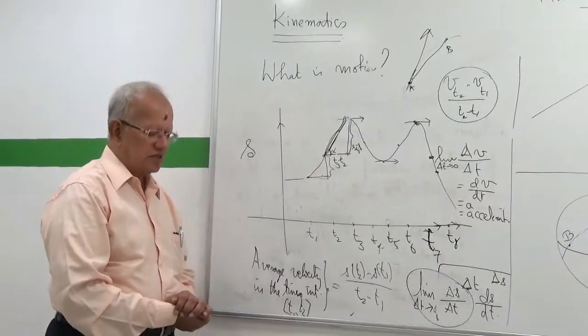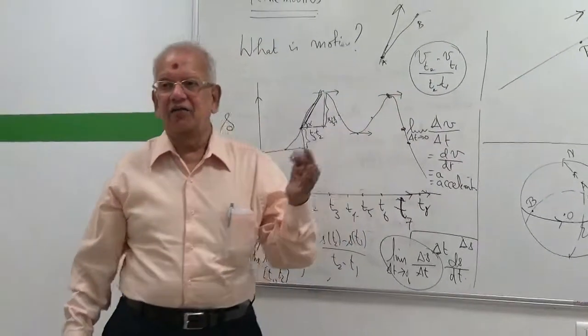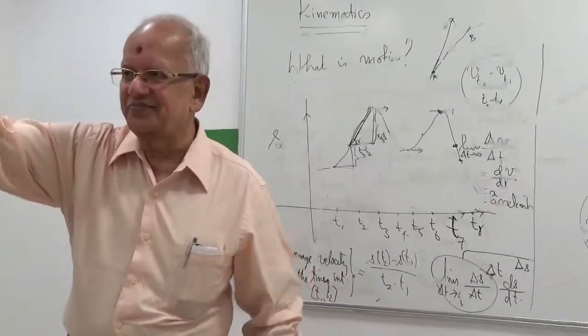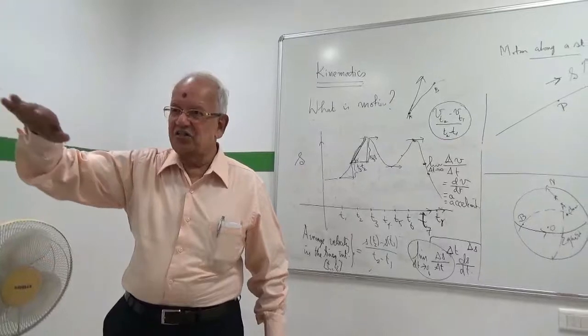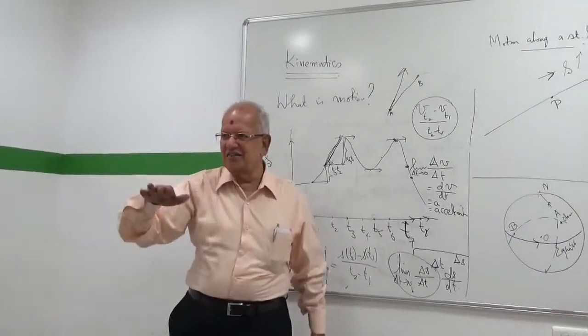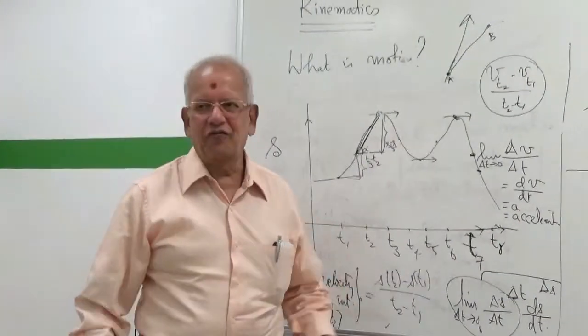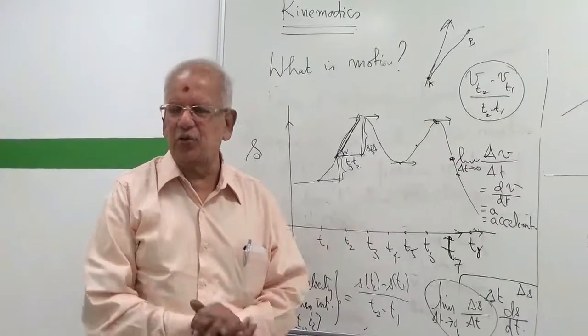We will take first a simple problem of a particle moving on a straight line with constant acceleration. That is, velocity changes, but the rate of change of velocity is a constant. Then how do I find the distance? We will get some nice equations.